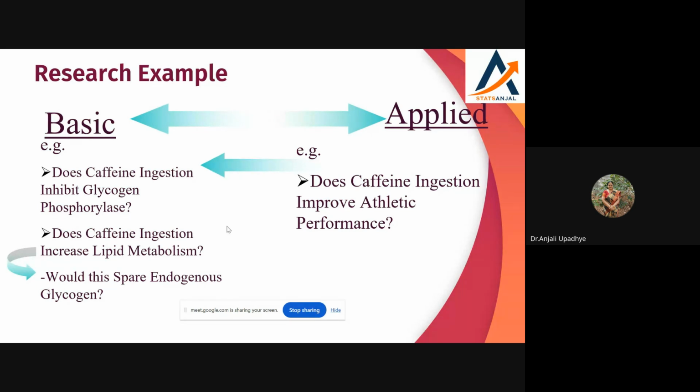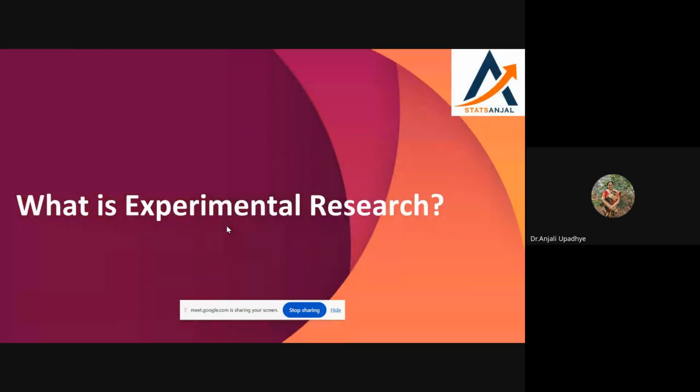The researcher may know the outcome variable, which is the improvement of athletic performance. This may be my outcome variable, but the base parameters or independent variables should be chosen by the researcher himself.